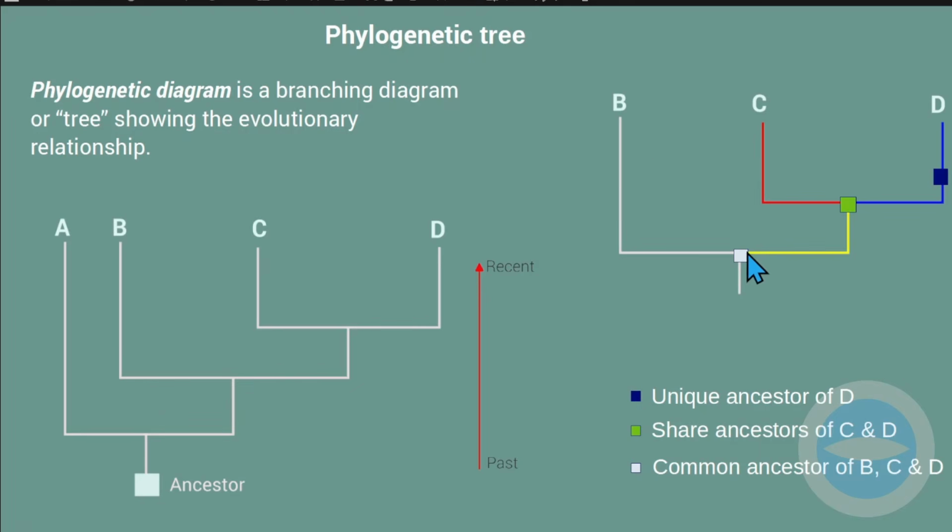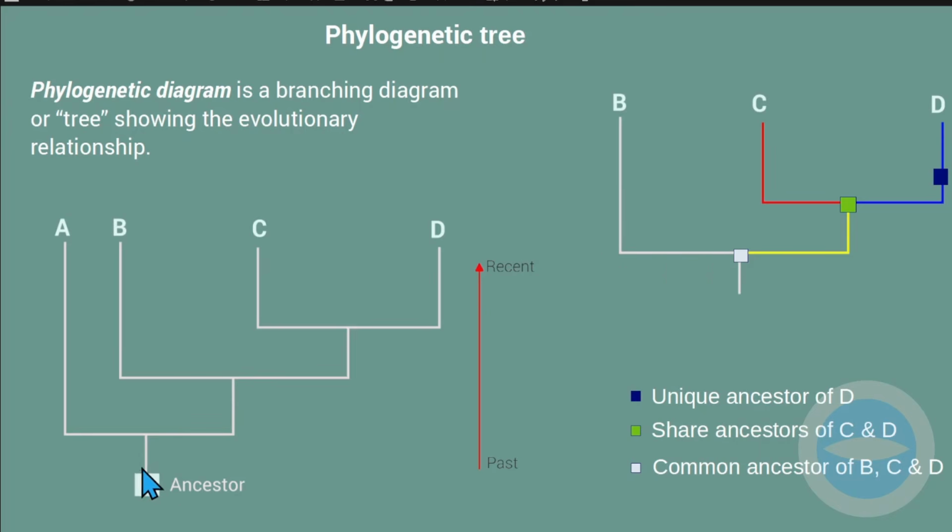As you can see, there is a branching, and all organisms share the same ancestor at this point. And this line here contains only the history of organism B, or it has a unique ancestor of organism B. So this is how we interpret the phylogenetic tree.